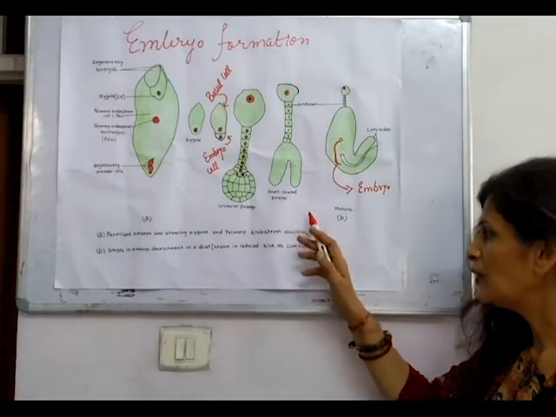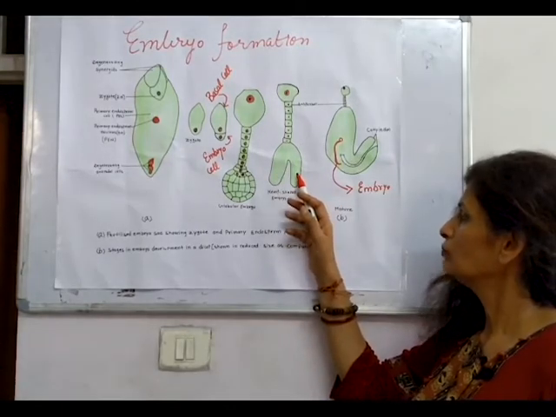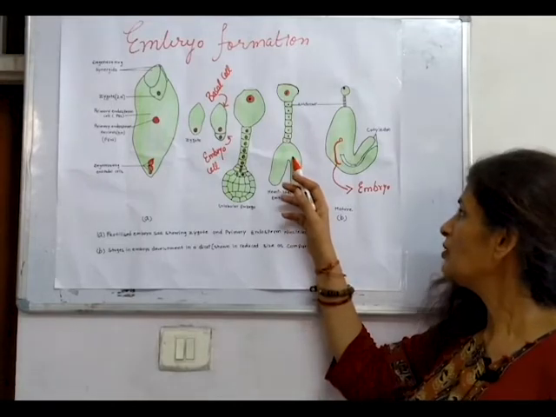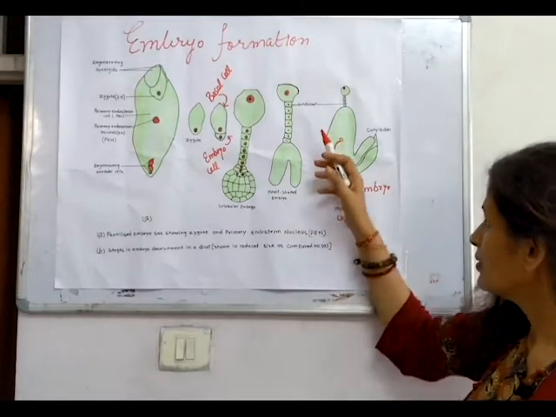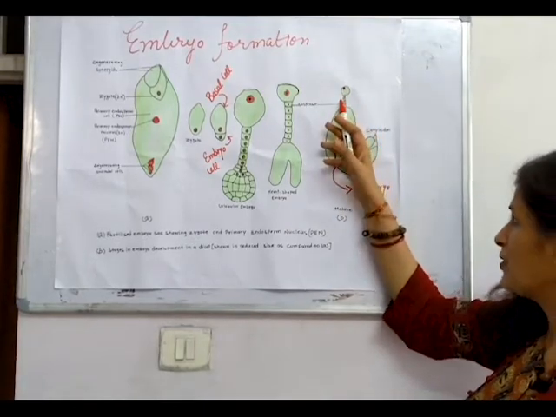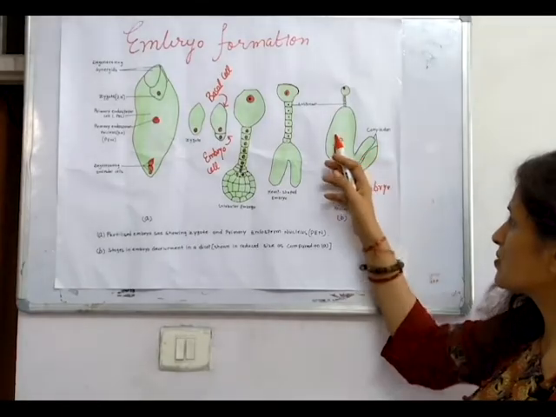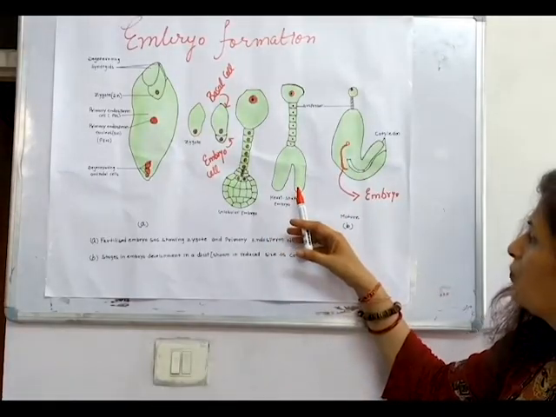In the heart-shaped embryo, what are the changes? It develops two cotyledons. This is a characteristic feature of the dicot embryo. And within the cotyledons is the embryonal axis, this. And with time, the suspensor perishes and the embryo and cotyledons start developing in size. This is the heart-shaped embryo.